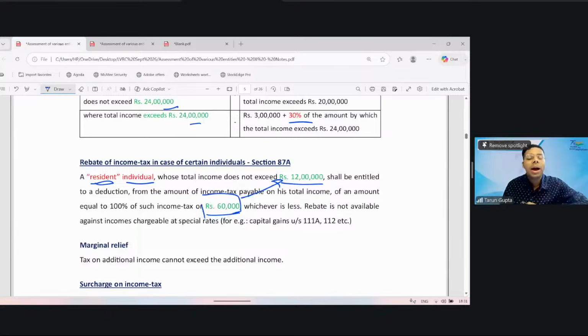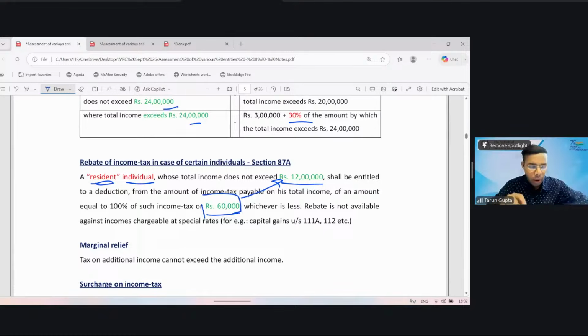What do I mean by special income? The law says the rebate is applicable only in respect of tax computed under section 115BAC, this new regime. So if the tax is computed under any other section, say 112, 111A, 112A, etc., then rebate is not applicable on such special income, which is taxable at a special rate provided under the Act itself.